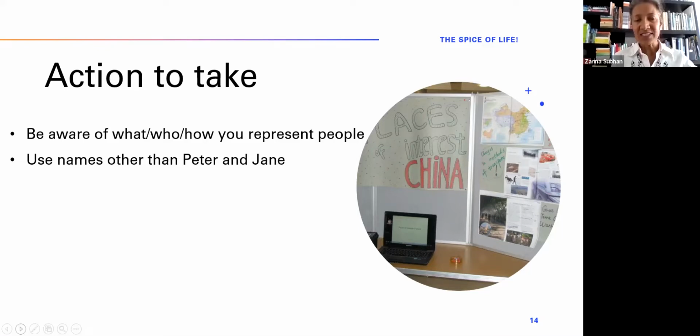In activities and exercises that you may create as practice for your students, use names other than Peter and Jane and John and Jimmy. Yeah, use names from some of your class.